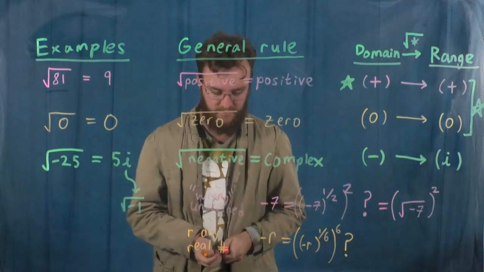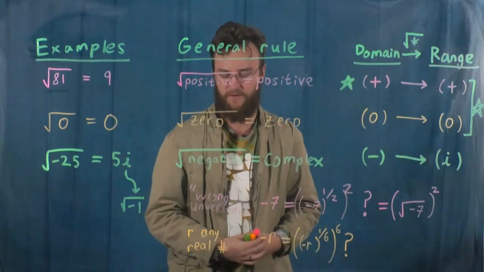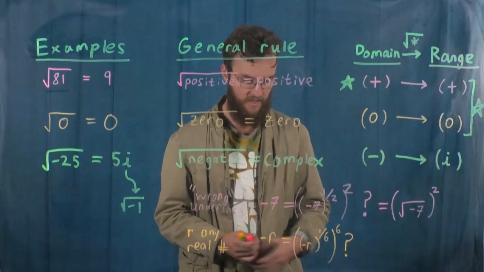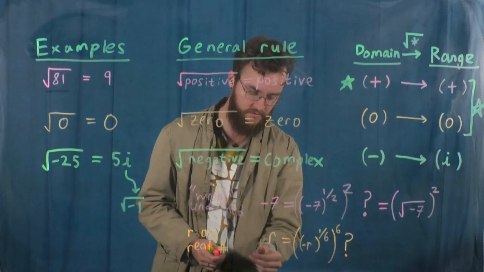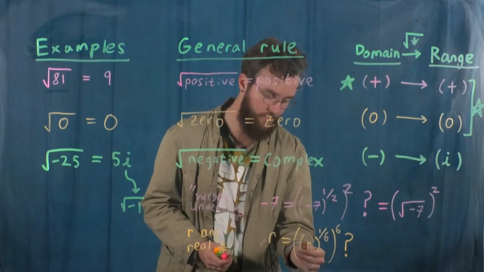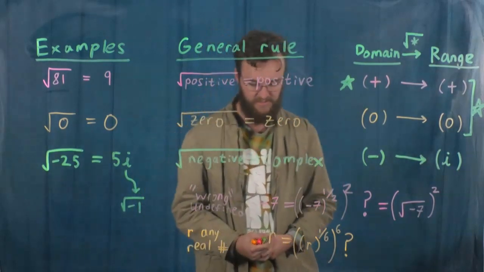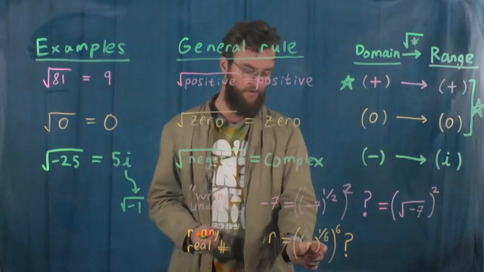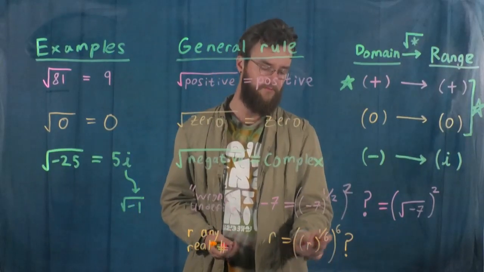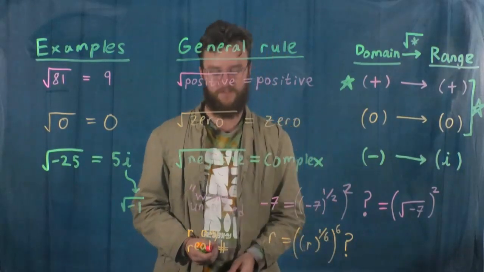Similarly, if you're told that r, a variable, can be any real number, actually here, you can even erase the negative sign, and what we're about to say will still be true. And ask the same question, is the 6th root of r raised to the 6th power always the same thing as r?